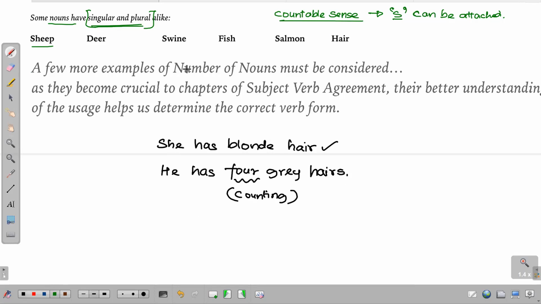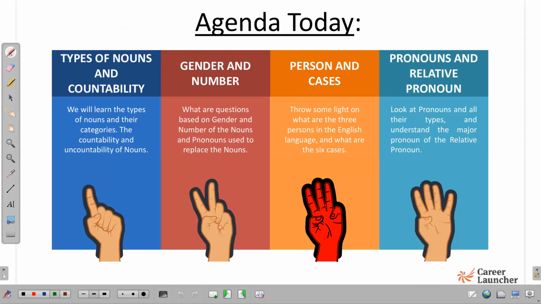So if it's used in a countable sense, there is a number, all these words may have plurals, they may have an s behind them. So fishes, es, and so on and so forth. So just keep that in mind. I hope that helps whenever you encounter a question.